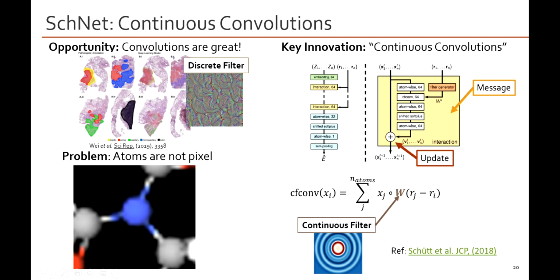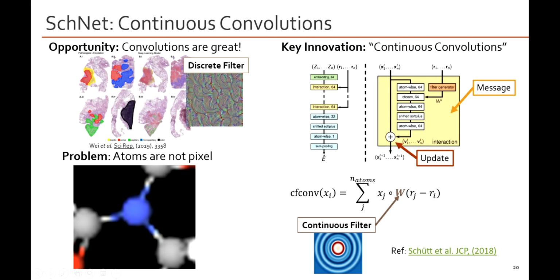The problem with taking these techniques whole cloth and using them on atoms is that atoms aren't pixels. They are discrete points within a space, and you can't really break a molecule down into pixels and hope to capture all of the information.